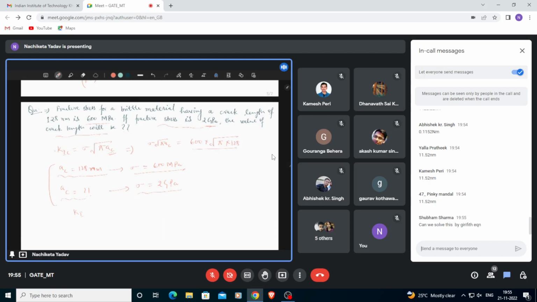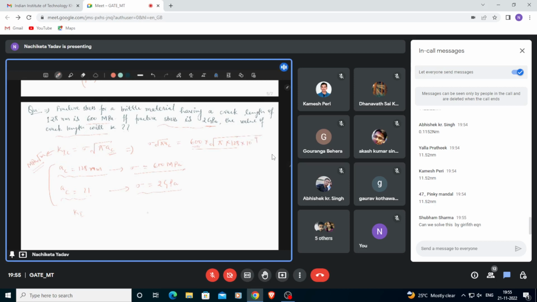So if we assume this is in megapascal root meter, this is 600, it is in megapascal already, 128 nanometer, so minus 9.